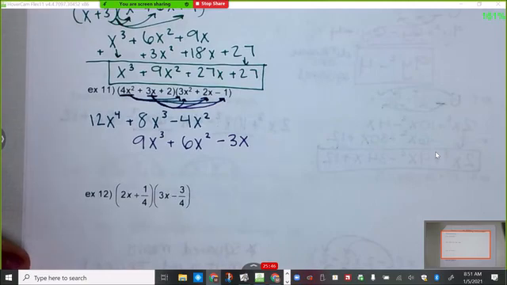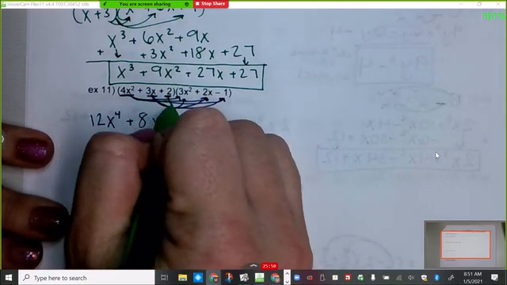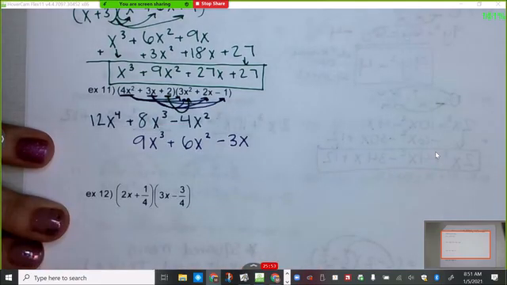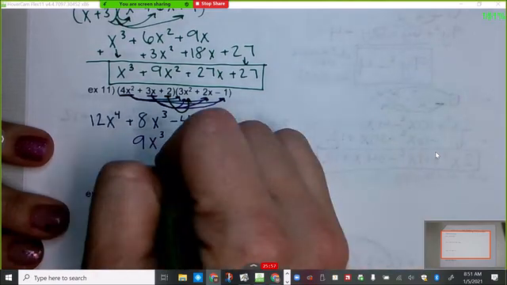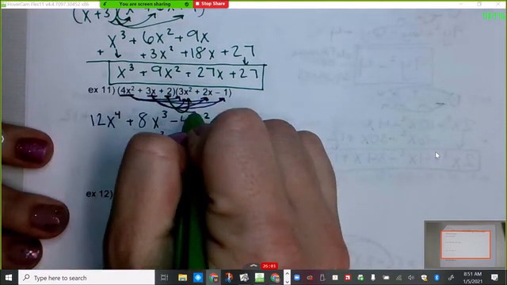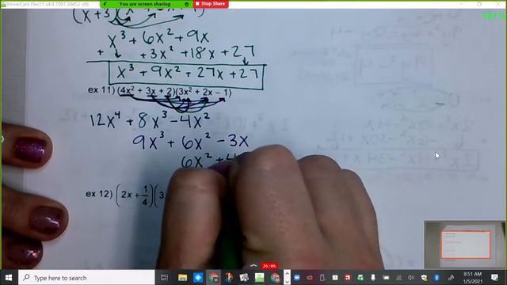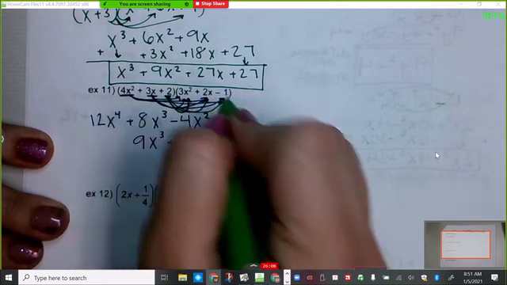Okay, and then again, we have the 2. What's 2 times 3x squared? 6x squared. 2 times 2x, positive 4x, and 2 times negative 1.